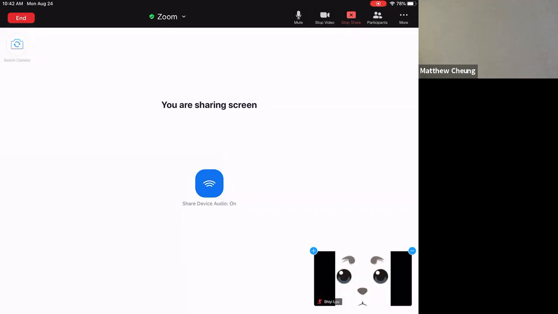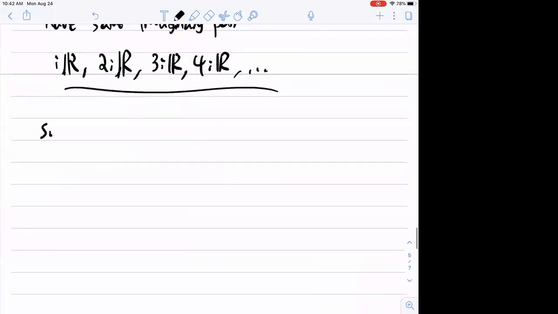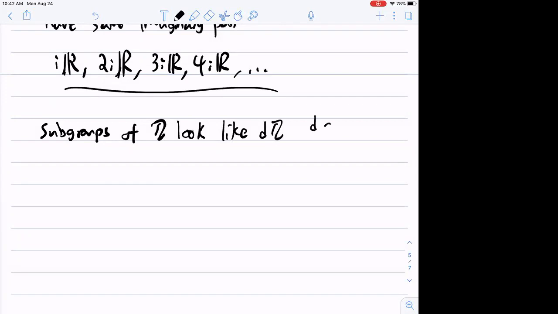And you know that subgroups of cyclic groups are cyclic. That's a theorem in the book. So all subgroups of Z look like dZ for d an integer. I guess they want proper subgroups here, but yeah, all subgroups are proper.